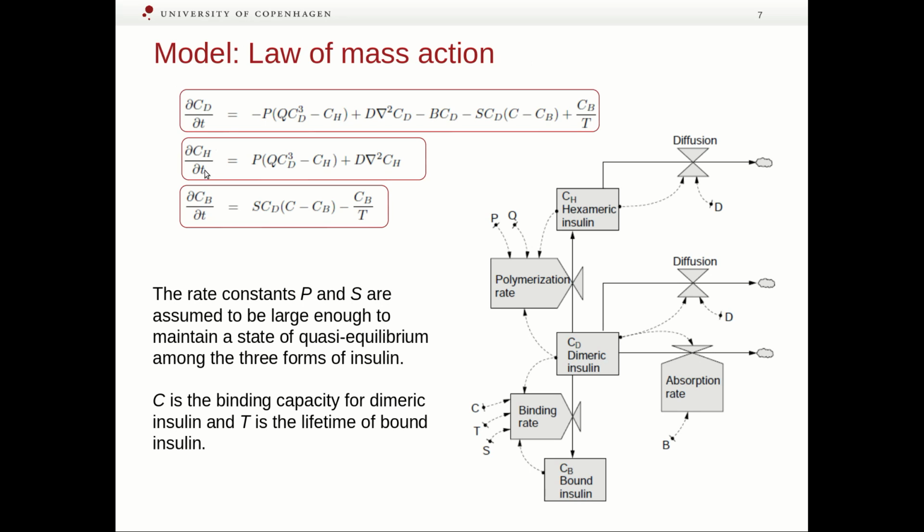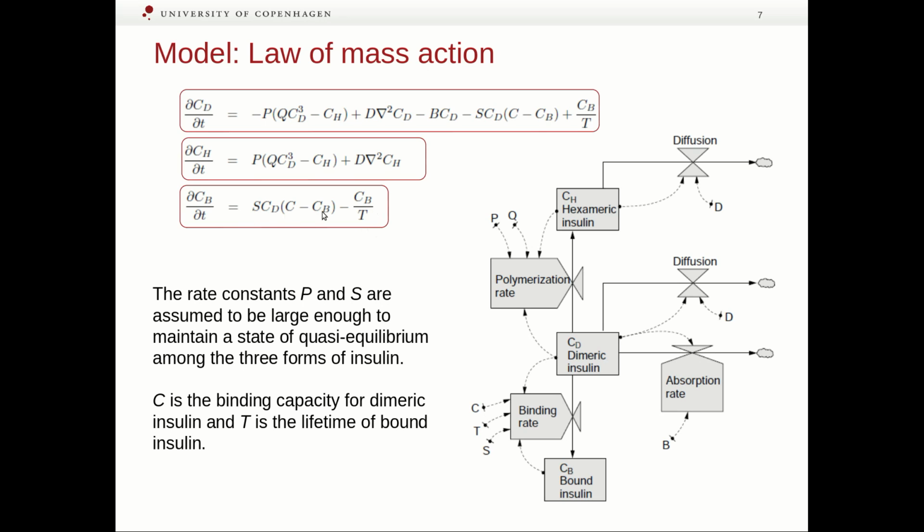So we have 3 different forms of insulin: dimeric insulin, hexameric insulin, and bound insulin. If we start with the bound insulin, it will be removed from the bound states at a rate which is the concentration divided by the binding time.